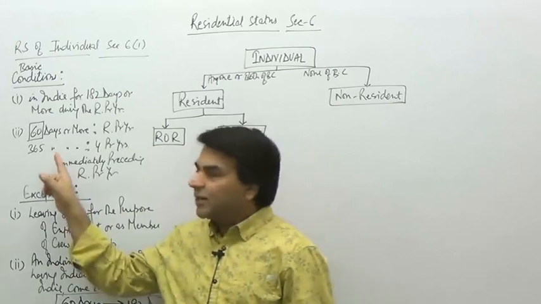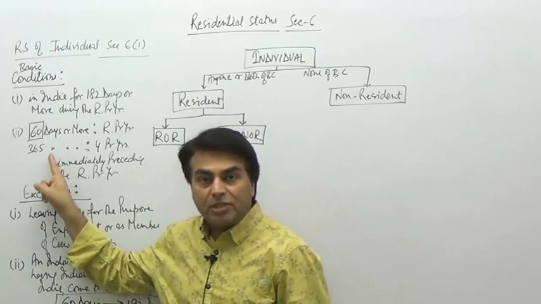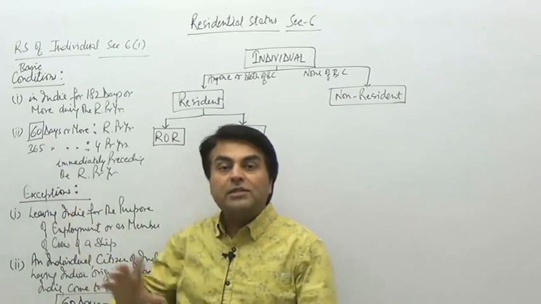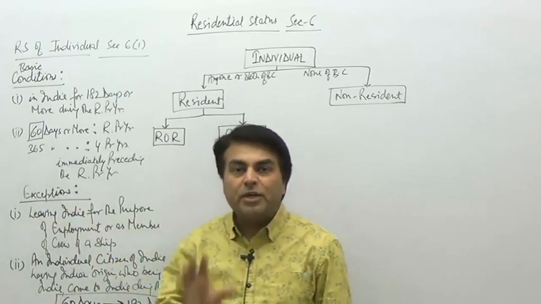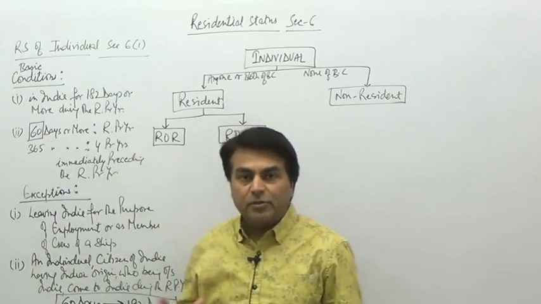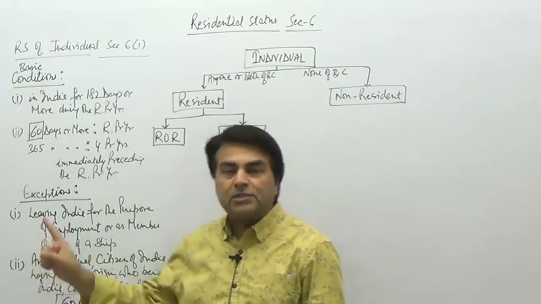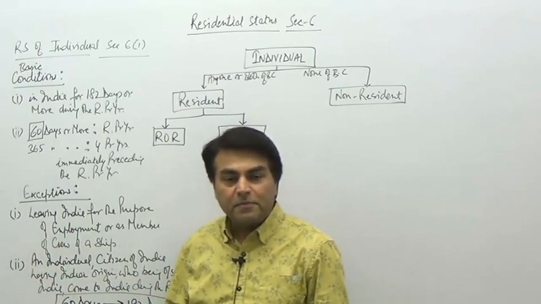Even the second basic condition would not be fulfilled, because for him the period of 60 days gets replaced by 182 days. That is why the second condition becomes redundant for those individuals who get covered in exceptions. You're getting me?